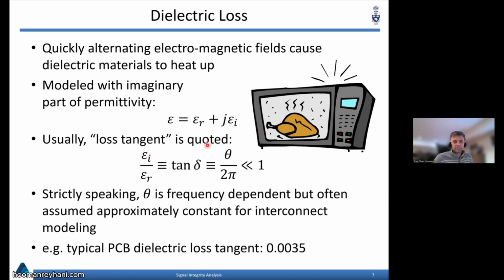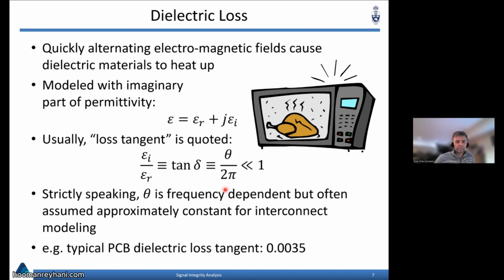Instead of quoting the value of epsilon i, usually a loss tangent is quoted, which captures the ratio of the imaginary part to the real part of that dielectric constant. So you can see either this loss tangent specified, or I find it more useful in equations to have this constant theta, which is related to the loss tangent just by a constant 2 pi.